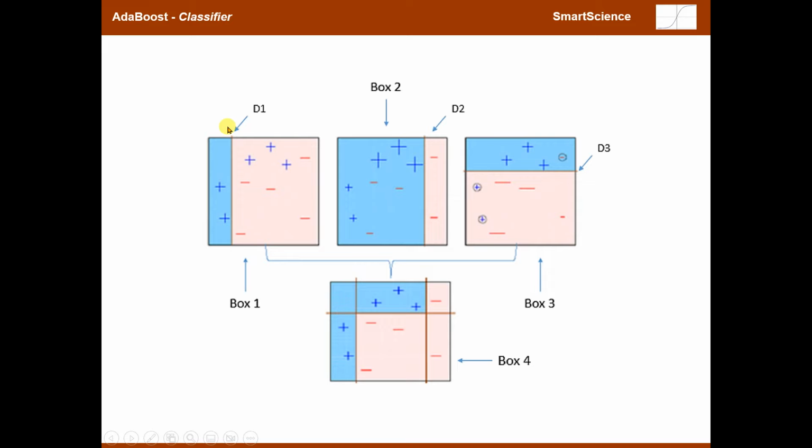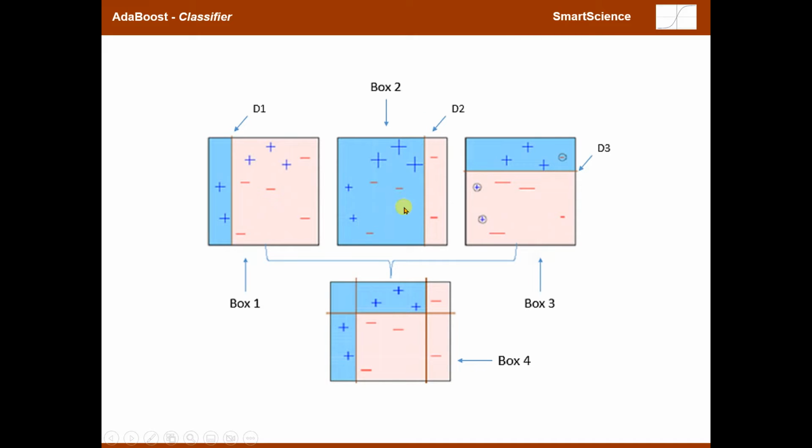So here the tree divided the data into two parts. Looking at the result, we can see that these positive values are actually wrongly classified values. Now, in the next step, we will increase the weights of those observations and we will build the next tree.